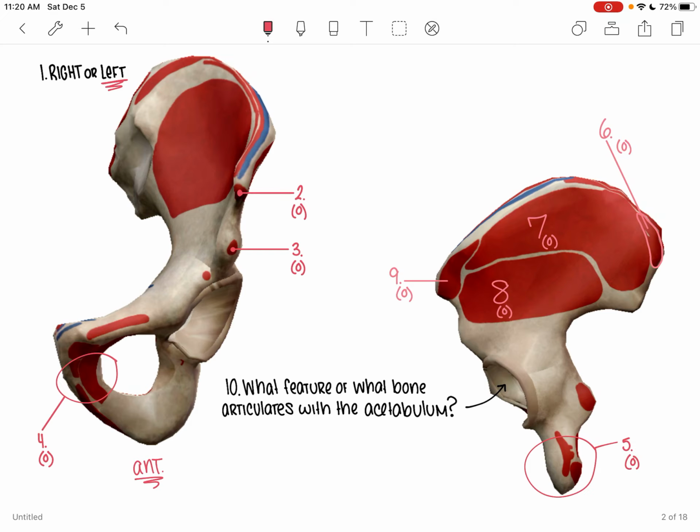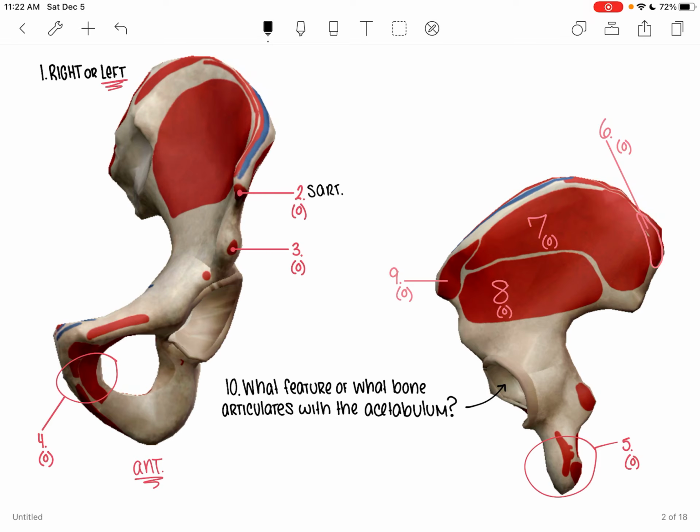Number 2 is going to be the sartorius. I'm not going to write out the full name of every muscle. I'll probably just shorten most of them or abbreviate, so keep that in mind. I also want to mention that this will not be a complete list.